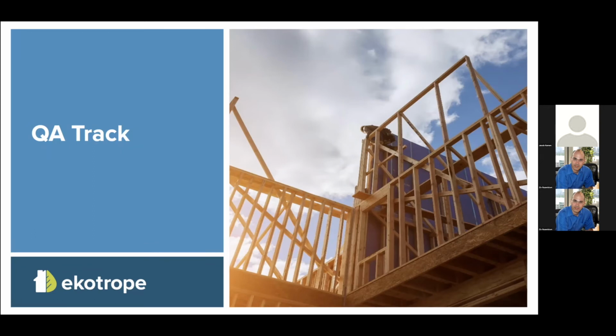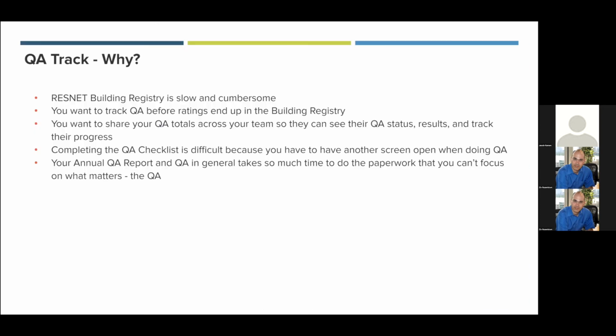All right, so QA Track is another new feature. This is targeted primarily at QADs and QA providers. Part of why we wanted to develop this is we know the building registry can be slow and a little cumbersome at times. It takes a lot of time to upload data there and to get the data out that you need.